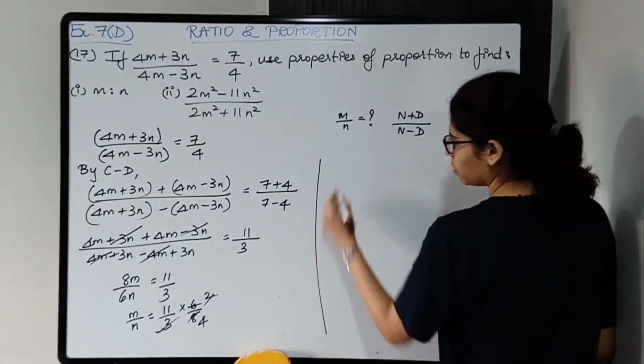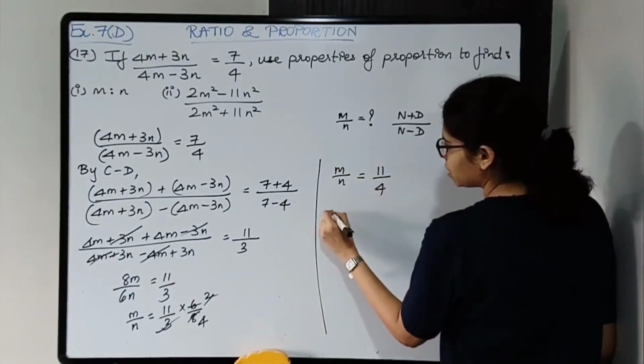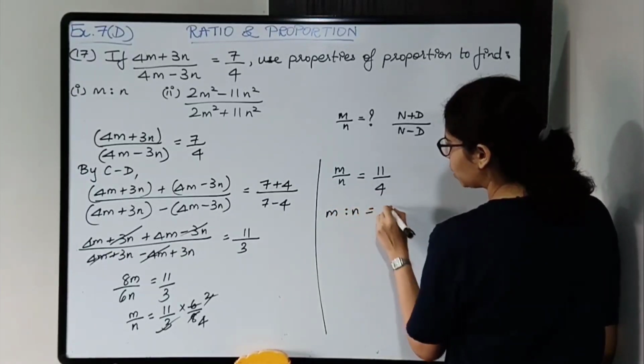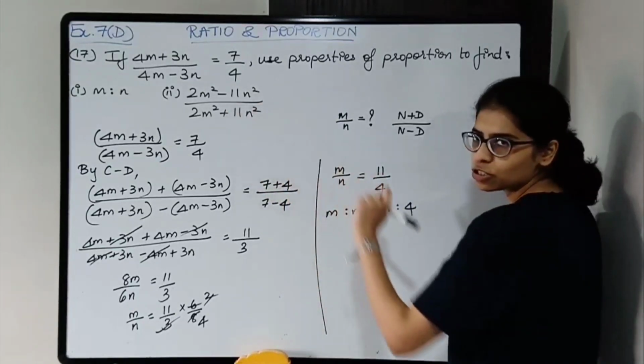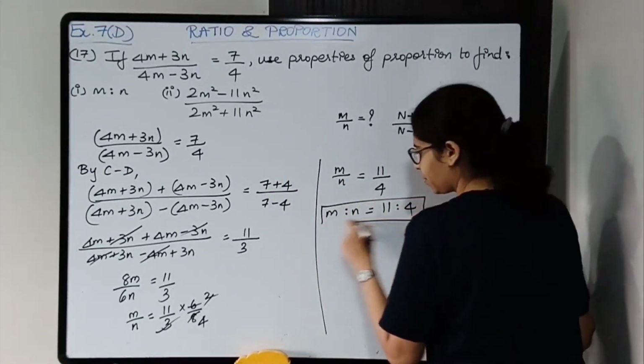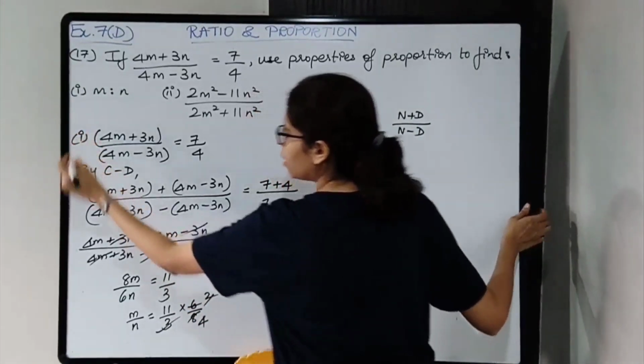So m upon n is equal to 11 upon 4, that is m is to n is equal to 11 is to 4. Write it in this form because the question is asked in that format. Box this. Okay, so this was the first subpart.